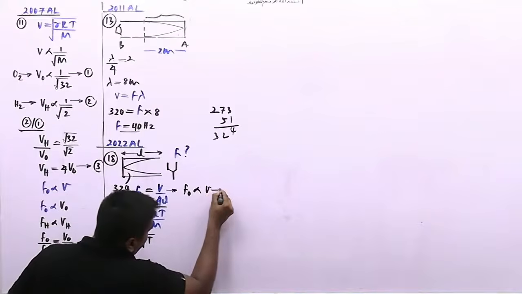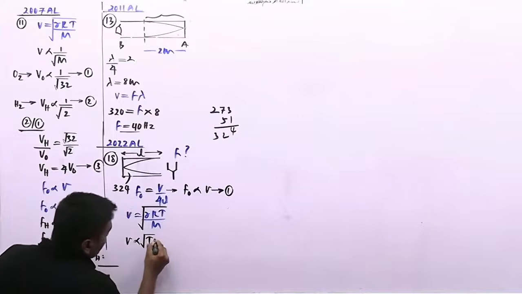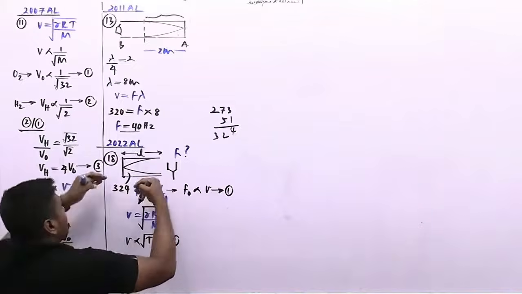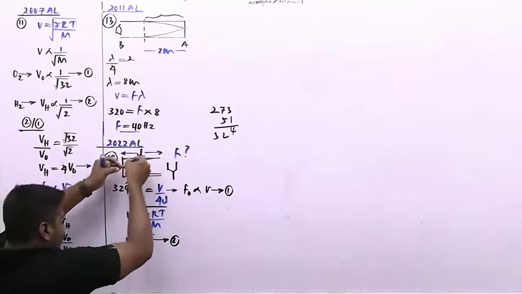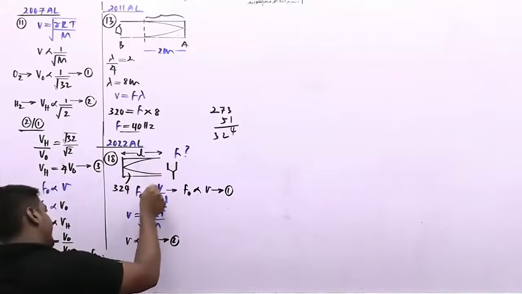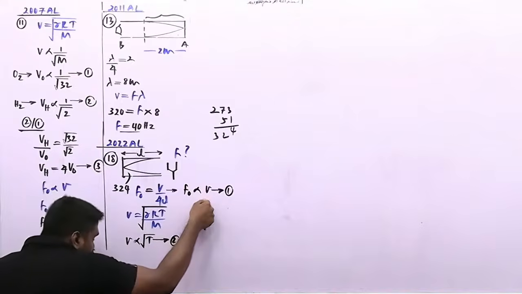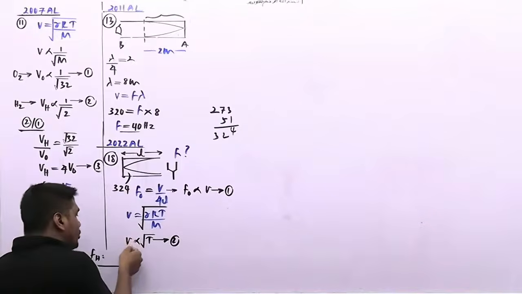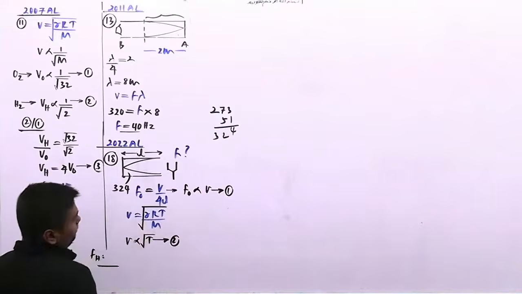From proportionality 1 and proportionality 2, what can you write down? When a closed tube vibrates at its fundamental frequency, the fundamental frequency is proportional to the velocity of sound in that air. The velocity of sound in that air is proportional to the root of the absolute temperature.